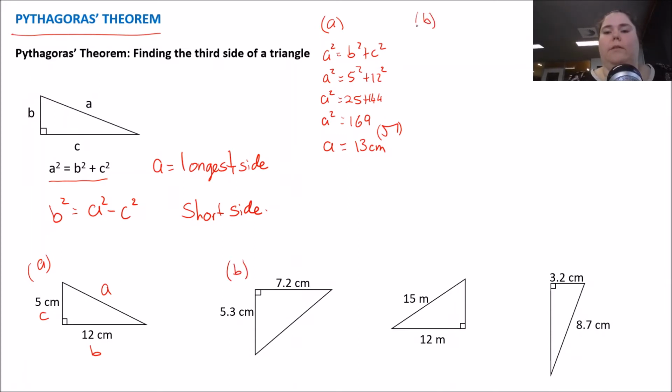B, so same again, we still don't know the long side, so we're going to use the addition version. So b squared plus c squared. So we get 7.2 squared plus 5.3 squared.